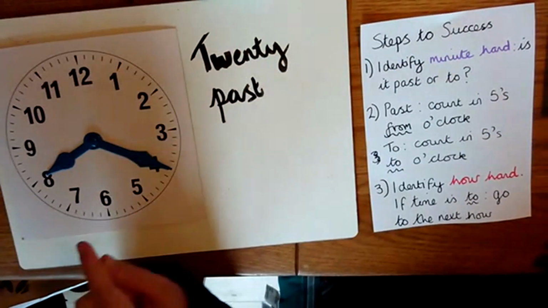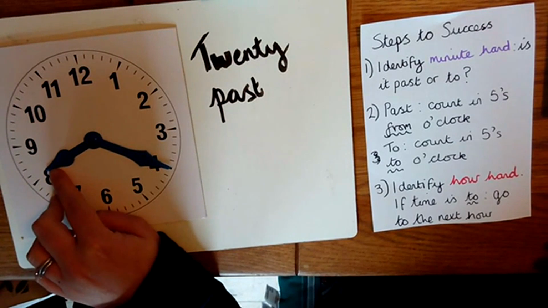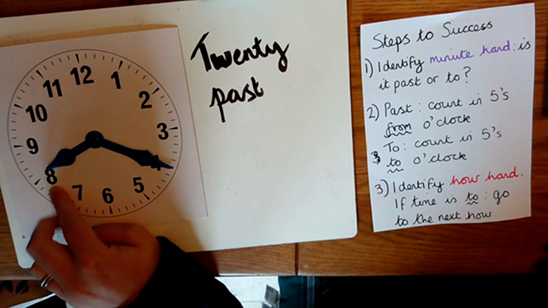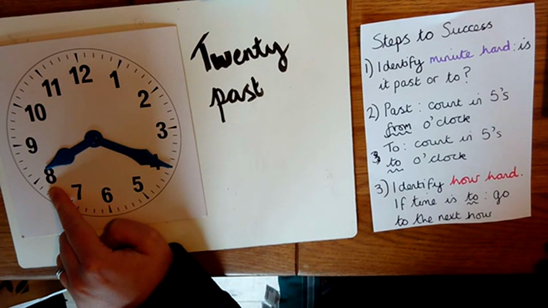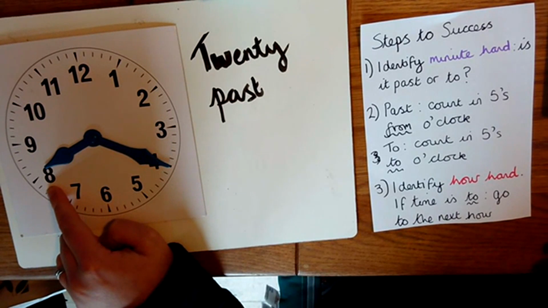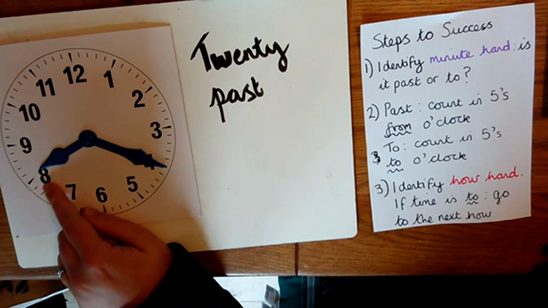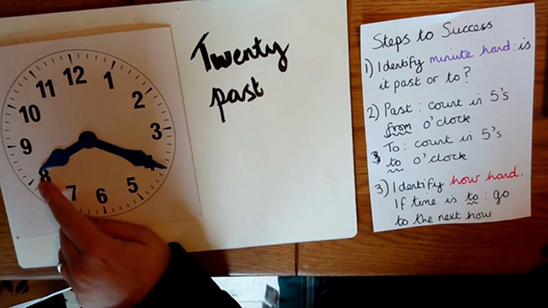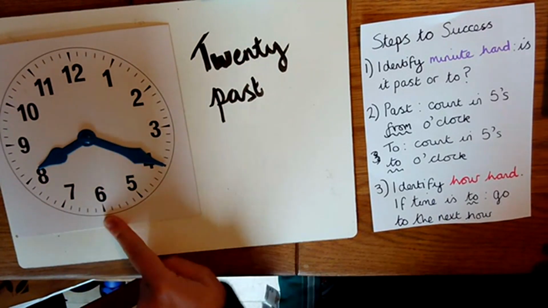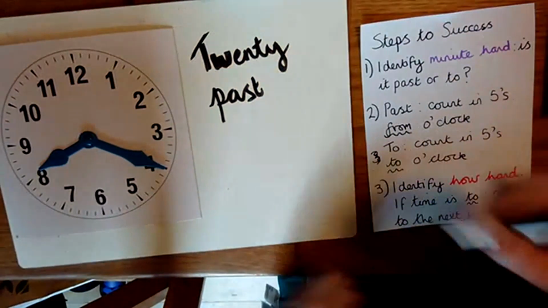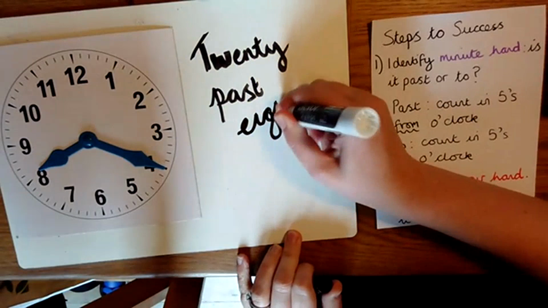The hour hand is the shorter hand, and it is in between 8 and 9. But because our time is past, we're going to say it is 20 past 8, not 20 past 9. It's 20 past 8, because remember, until we're past this half past point, we talk about the hour we are in. So it's 20 past 8.